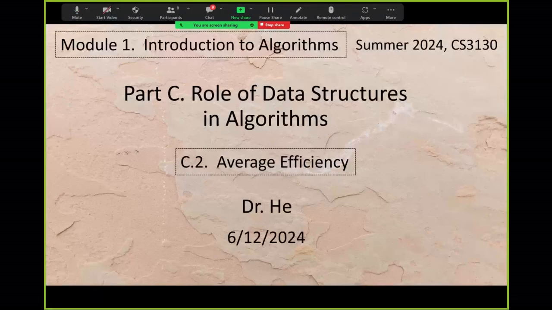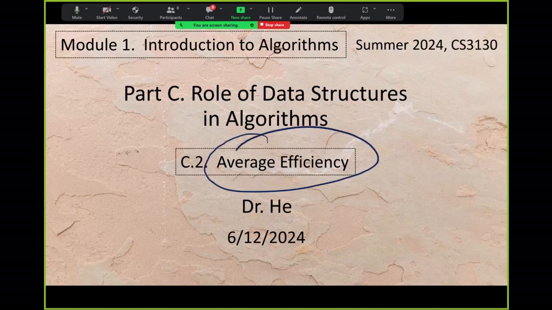All right, so let's look at the C.2 topic, average efficiency. The measure to address the overall efficiency, we use this concept, average efficiency, to address the overall efficiency.